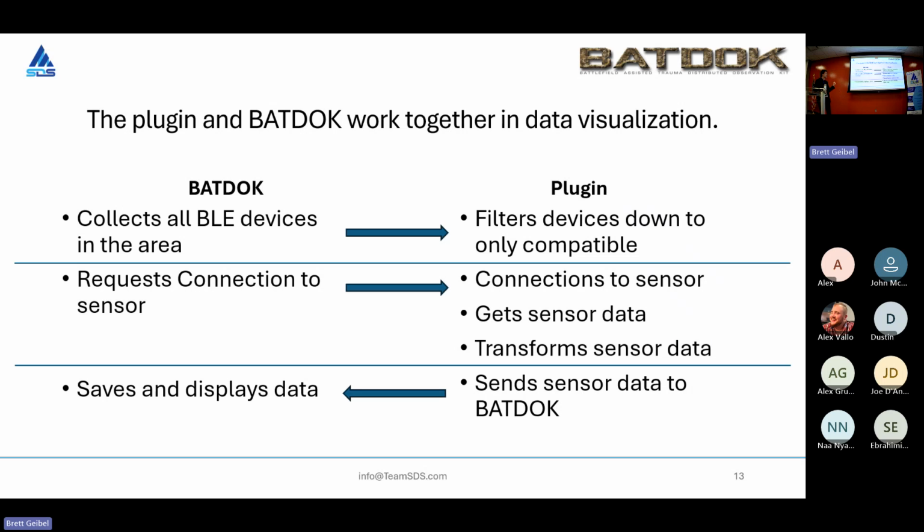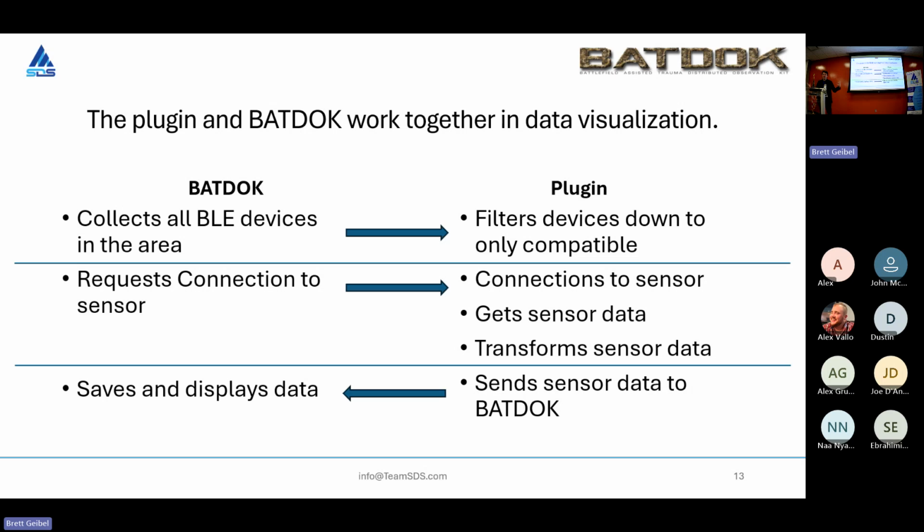For this example, I'll say BLE, which stands for Bluetooth Low Energy. BATDOK at that point would search the area and find every BLE device that it could find. And if you're working in a software engineering office, it finds a lot of BLE devices.